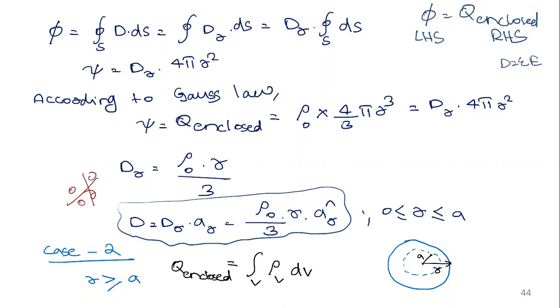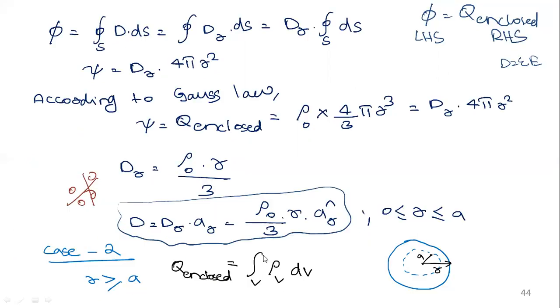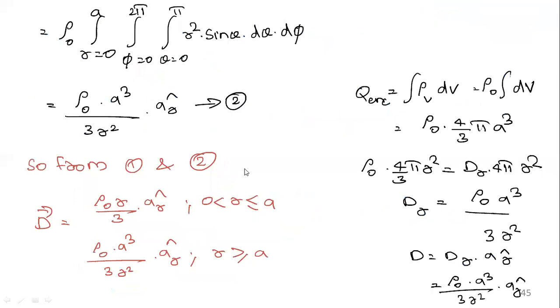Then next case, when the radius is greater than a. So Q enclosed is equal to integral over v rho v dv. So same way you need to do. So rho 0, the integration will be from 0 to a for r, phi will be integrated from 0 to 2 pi, and theta will be integrated from 0 to pi.